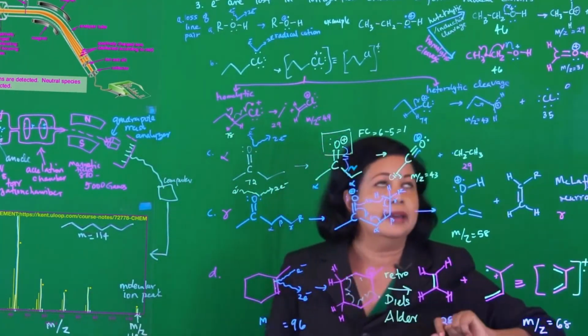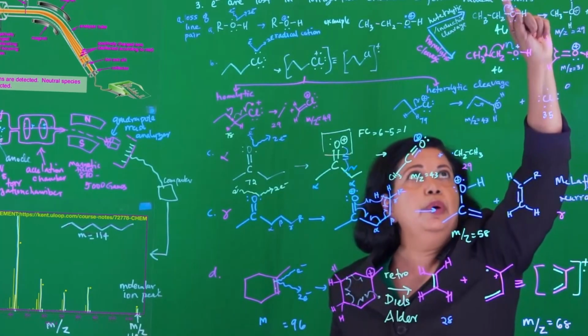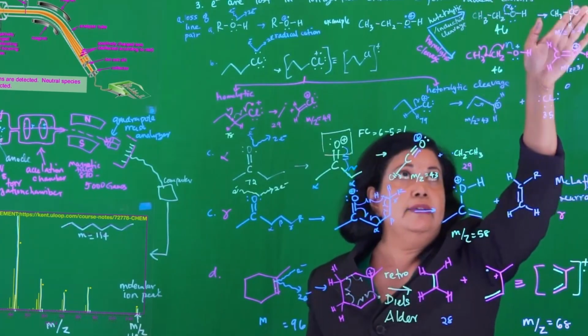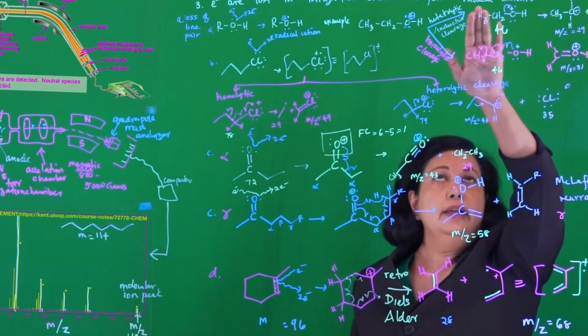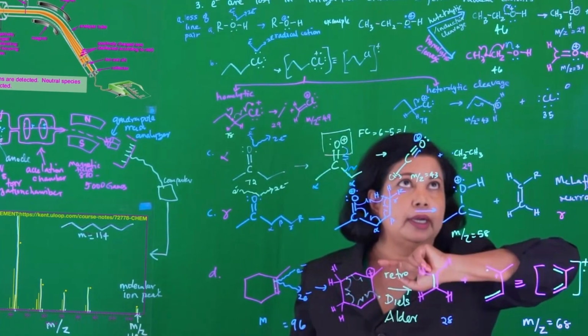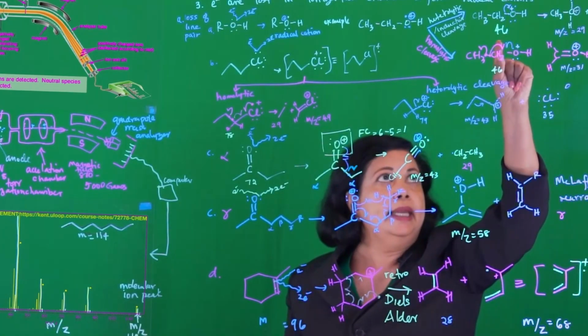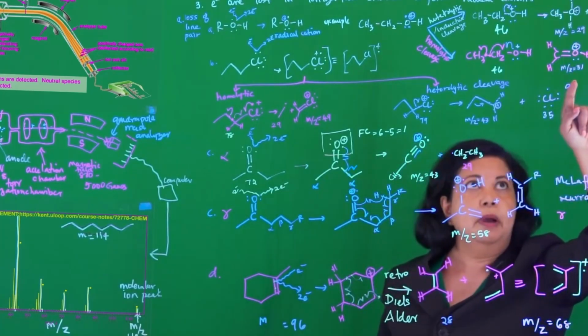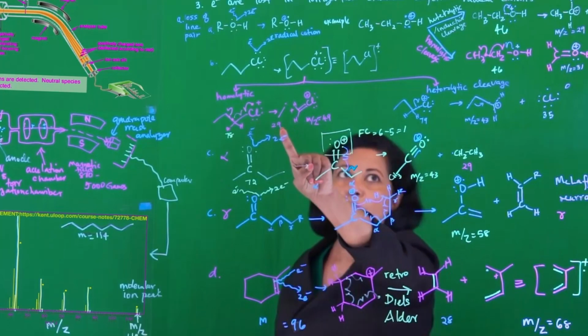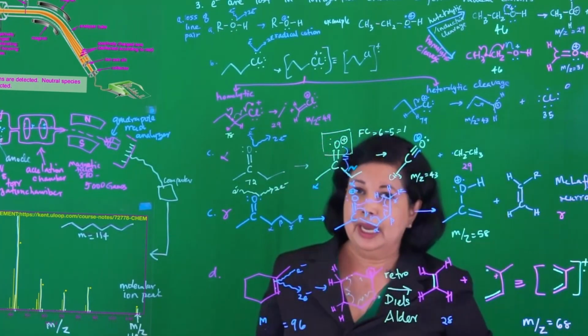The radical cation can pull both electrons out in a heterolytic cleavage, or inductive cleavage, and give you a cation for the remaining fragment. Or it could cleave the bond next door and make a double bond, a pi bond, that is positive, and have a radical go out. And you see this over and over again with other heteroatoms.